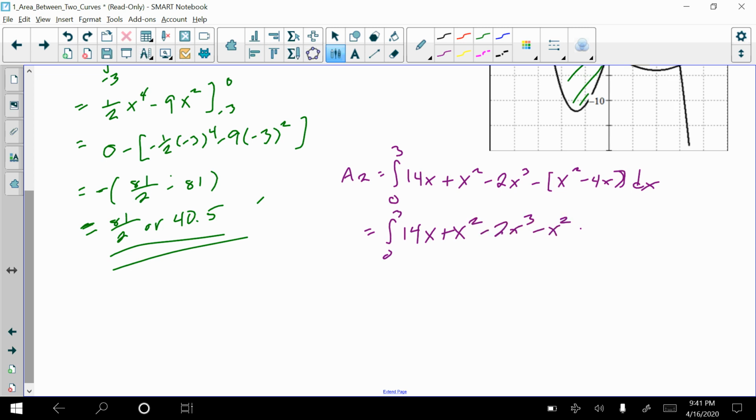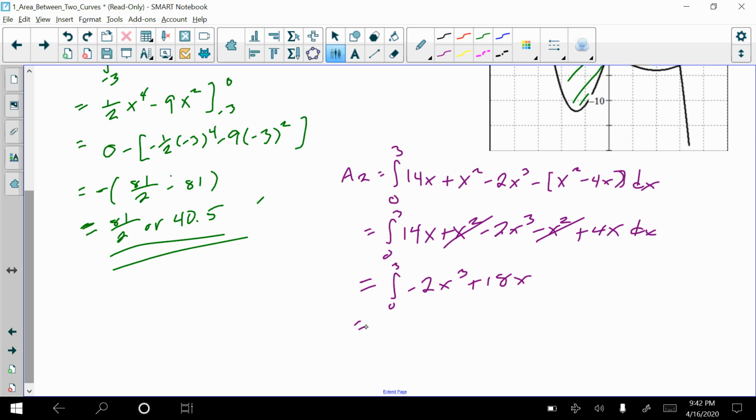And combine your like terms again, you're going to see the x squared terms are opposites and cancel each other out. What I'm going to be left with will be similar to what we had before, but the x cubed term will be negative, and the x term will give me a positive 18x instead of a negative 18x.